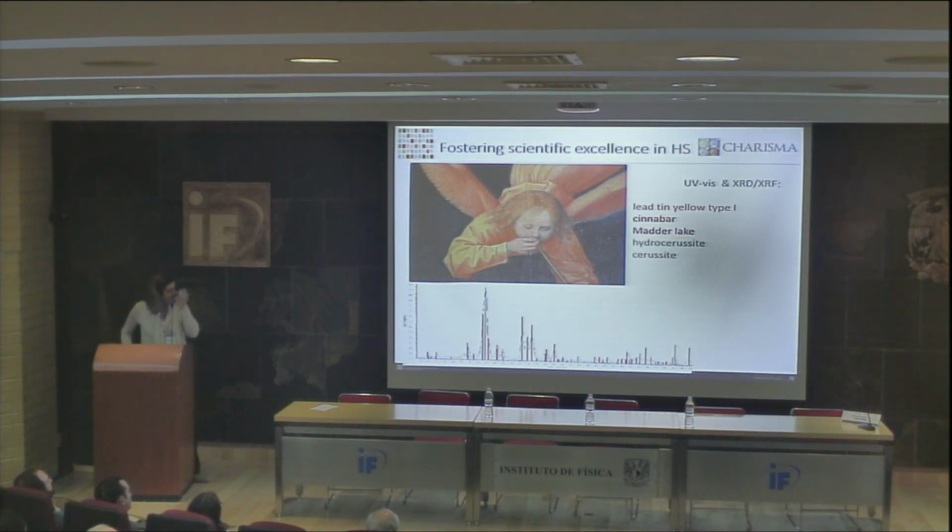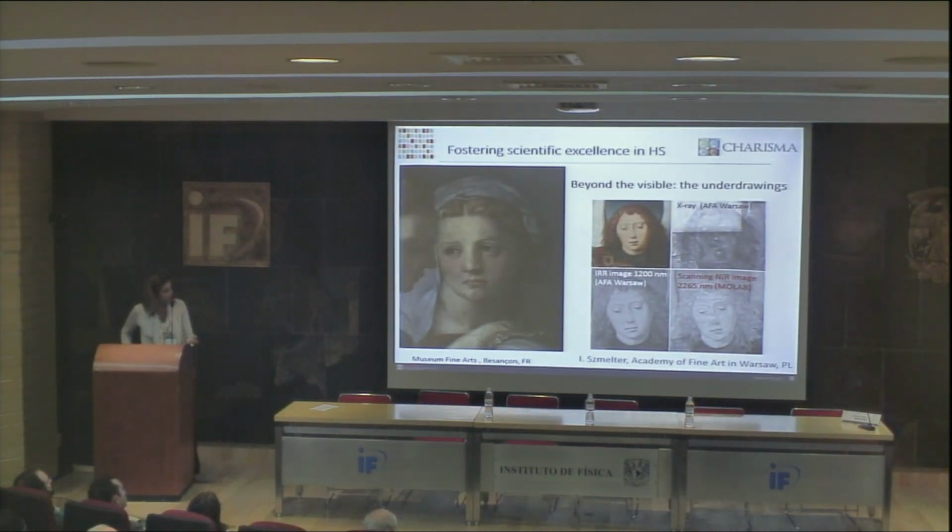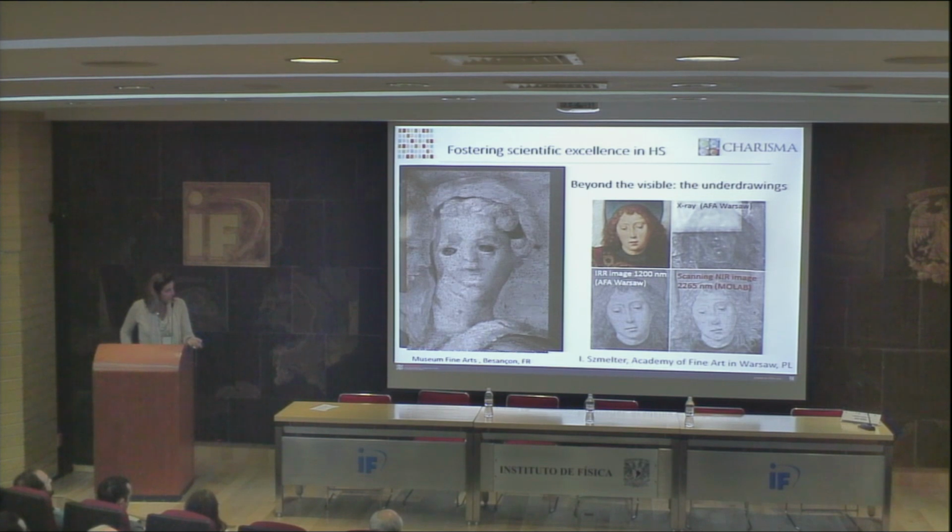And again, the results with the pigments listed here. And here, images at different wavelengths in order to show the drawing, the underdrawing, and the sketches done by the artist. Here there is also a pentimento with a different position of the eyes and of the chin.